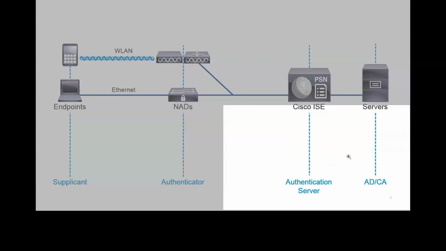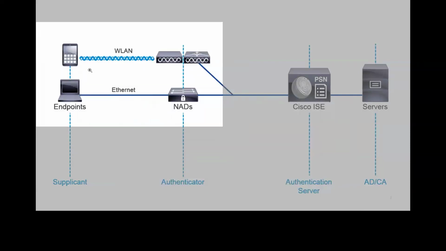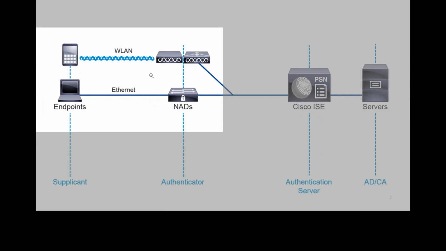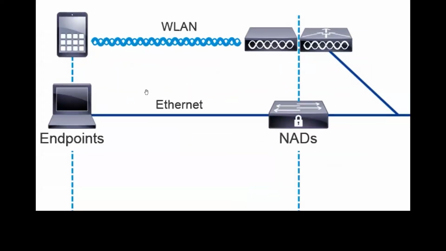Then you have the external ID sources like AD or CA servers, etc. So what will happen? I told you earlier that between these handheld devices and these devices, we have 802.1x. So we'll go and check this, right?